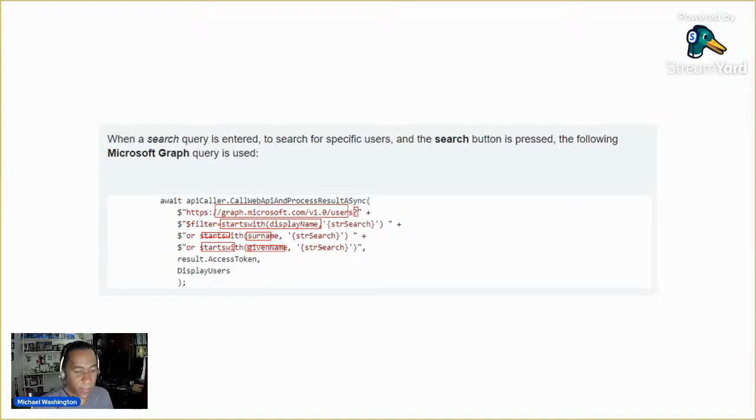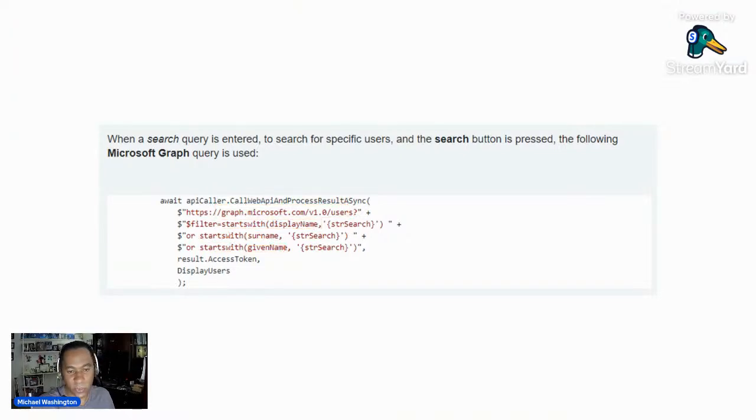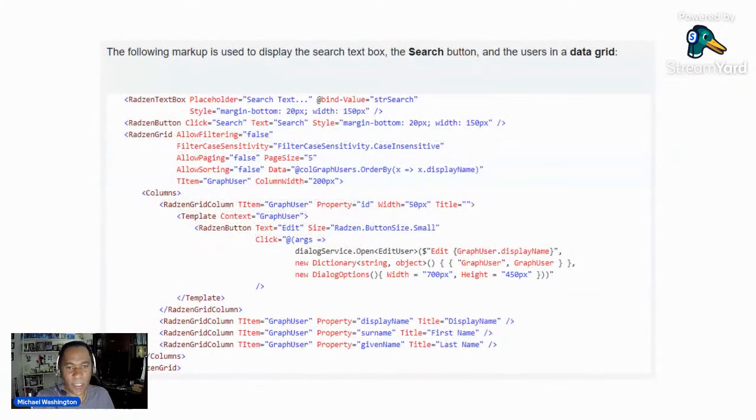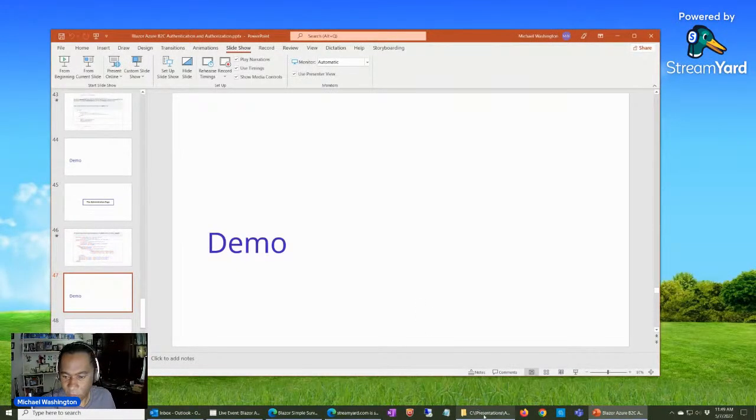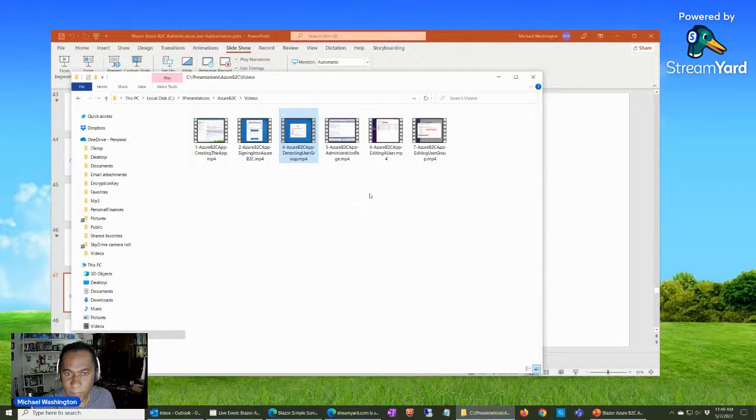So this is what allows the searching to work that I also showed. This is just the markup where I've got a grid that allows you to display the final list, and also an edit button and all that sort of thing. Let's go ahead and take a quick look at that.